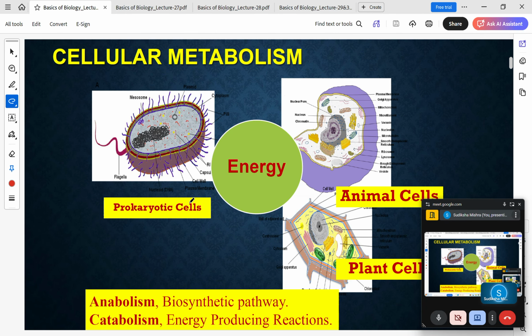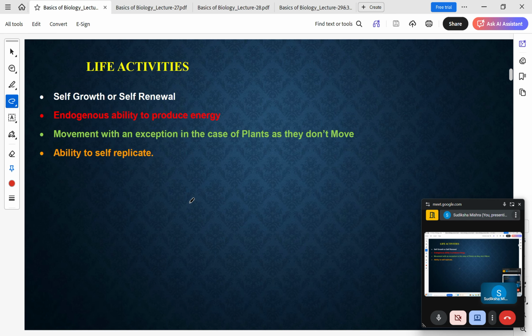One of the important aspects of living cells is the metabolism that goes on within the cell, which requires a lot of components. And this leads to various life activities that make a living organism, especially self growth, self renewal, endogenous ability to produce energy, and movement of the organism.